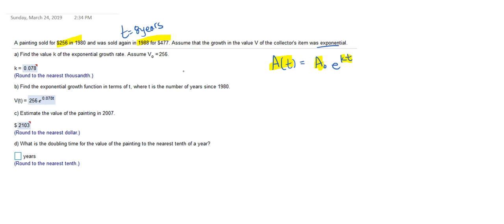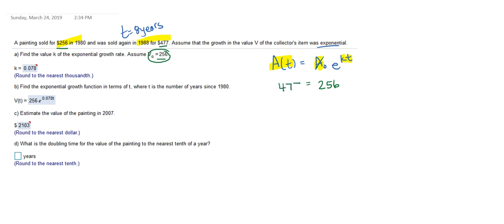So in the information, my initial amount, which they call V sub 0, that's the same as A sub 0, is 256, and that's because that was the original amount that the painting was sold for. So I can update this equation by putting 256 in for the initial amount. Also, 8 years later, we have a new amount of 477.